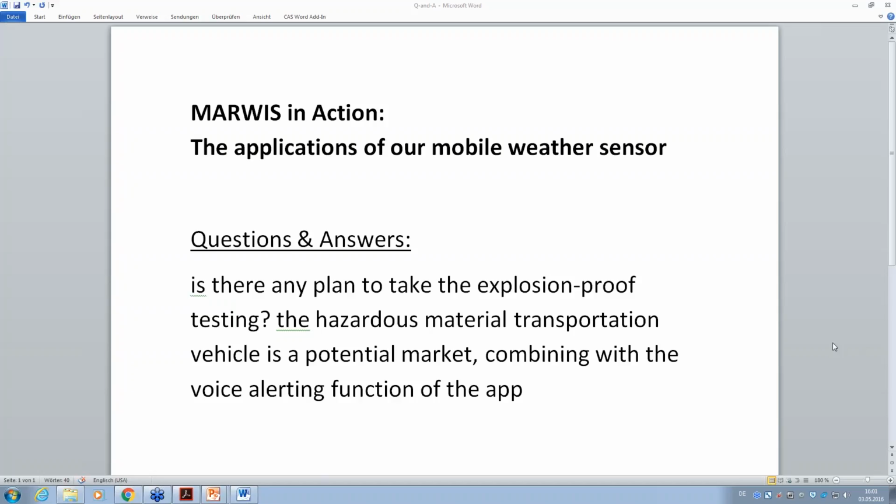So we see the MARWIS today as just the first construction where we equip existing petrol cars, and some snow plowing trucks. If there is a requirement to equip, let's say, a fleet of explosion-proof cars as well, then that will certainly give us a reason to look into a revised construction.